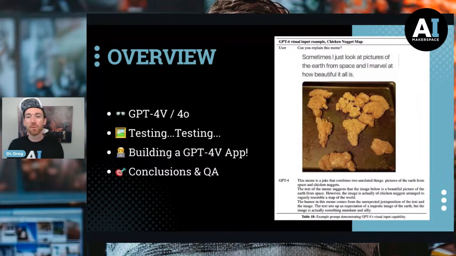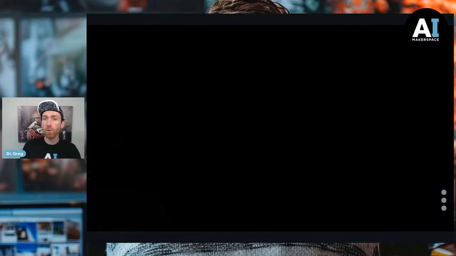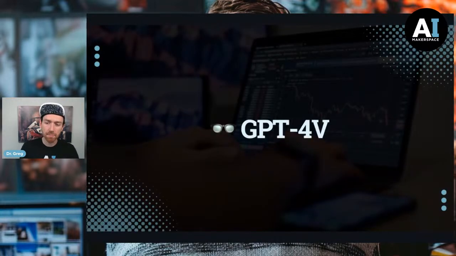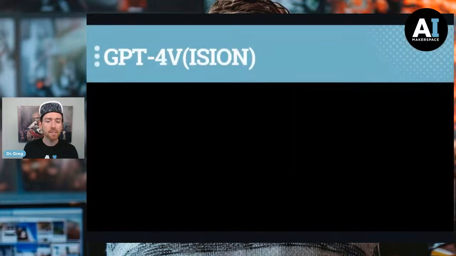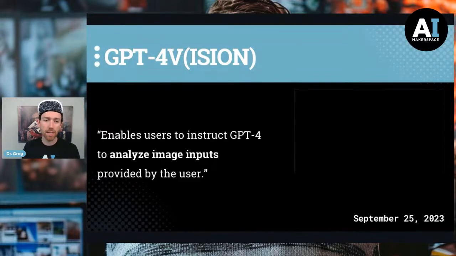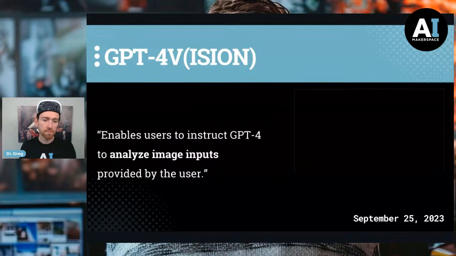Now, this is directly from the GPT-4 Vision work that was done quite some time ago. And it seems like GPT-4 Vision has been pretty smart for a while. How long exactly? Well, we heard in September 2023 that GPT-4 Vision was enabling users to instruct GPT-4 to analyze image inputs.